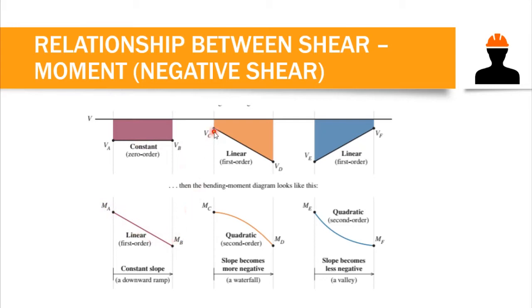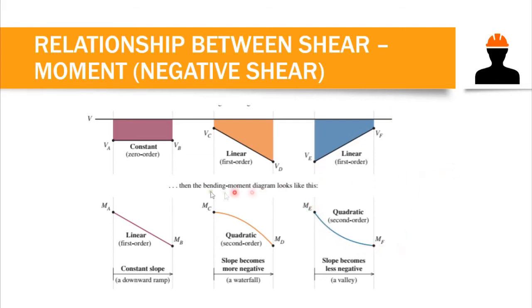If our shear is in first order, then our moment is second order. Take note, if our shear is decreasing, then our moment diagram is frowning. If our shear diagram is increasing, like this one, we have a smiling moment diagram.